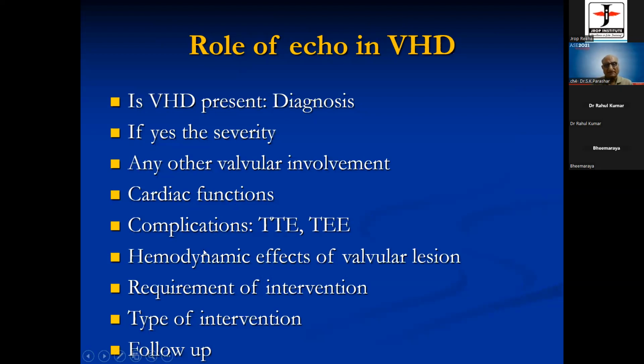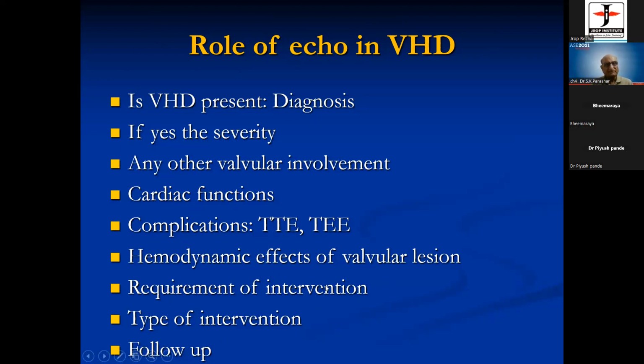We can see both by transthoracic and transesophageal. What are the effects of the valvular lesion, like pulmonary hypertension, any complications or anything? Then the requirement of intervention. It should neither be too early, nor too late. What is the type of intervention? It can be a balloon dilatation, it can be surgery, and then follow up.